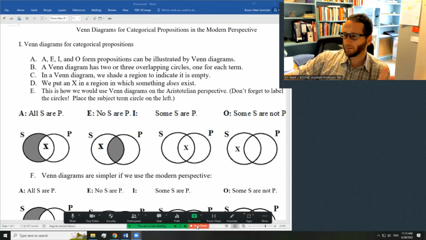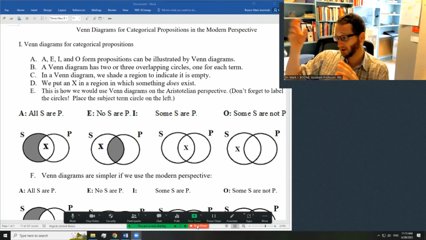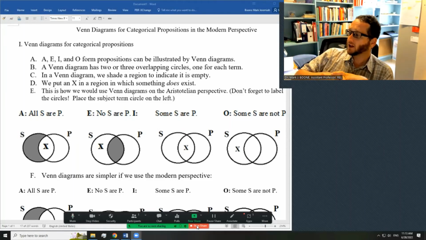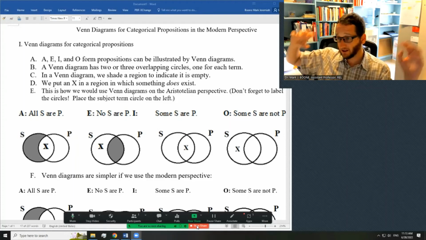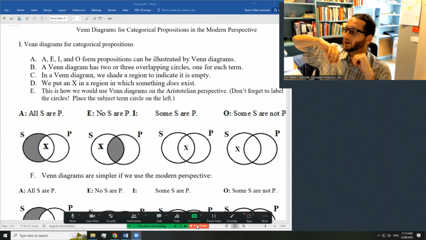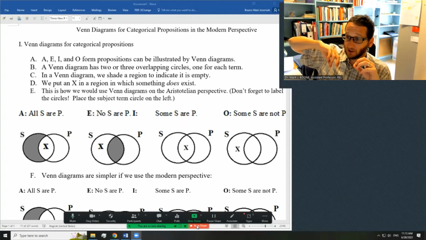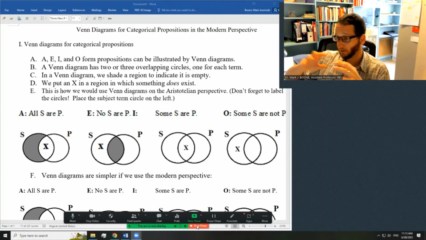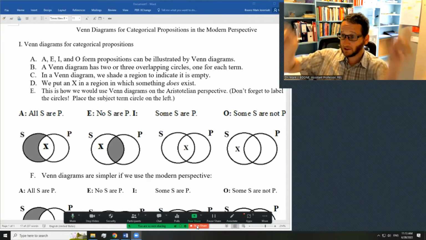My first circle for guinea pigs is going to divide all reality into things that are guinea pigs, things that are inside that circle, and things that are not. And my second circle, teacups, is going to divide all reality, again, things that are teacups and things that are not. But in order to cover all the possible relationships, it's got to bisect the area within that guinea pig circle and the area without. And so you have to have the overlapping circles.